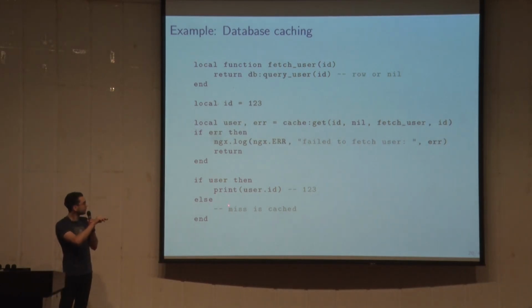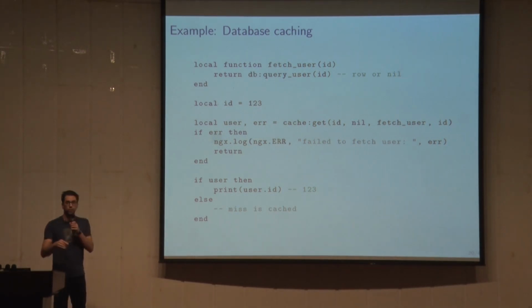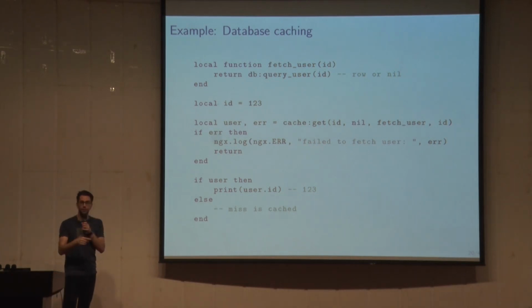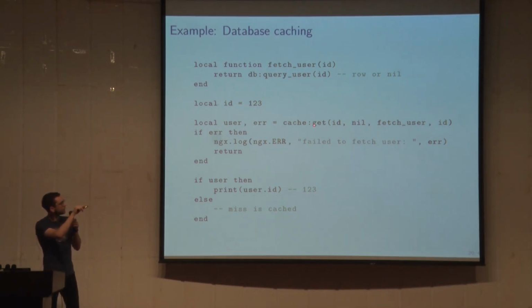Here, if user is nil, it means that the query returned no row. And this is how we have negative caching. So in this case, I have a user, and in that case, I do not have a user, but the next call to get will not hit the database. It will return nil from the negative cache.